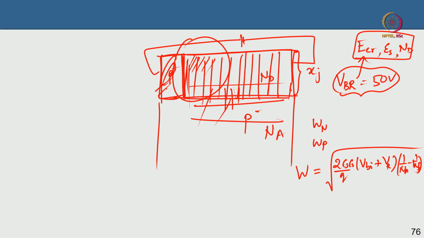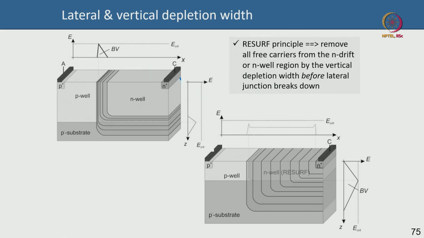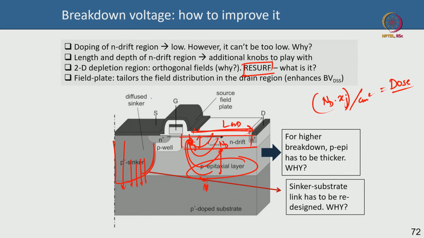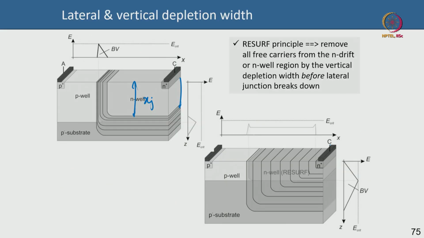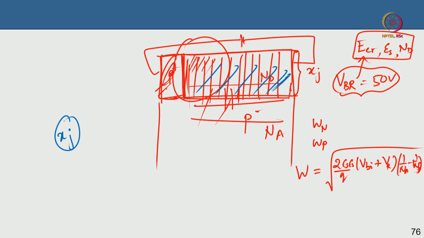We can now express the depletion only on the N side. The maximum depletion that can happen there is the junction depth xj, the depth of the drift region, the well. You can ignore the built-in voltage because it is about 0.7 volt while the breakdown is 40 to 50 volt.